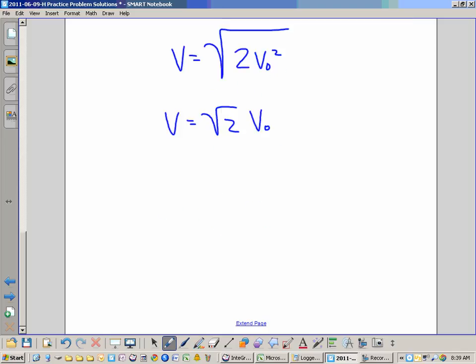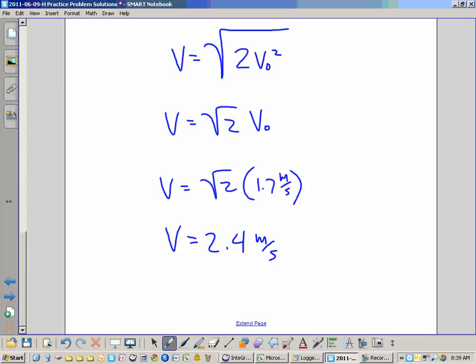Jason. Well done. So that's just our algebraic relationship. Now we say v is equal to the square root of 2 times 1.7 meters per second. So 1.4 times 1.7, bless you, 2.4 meters per second.